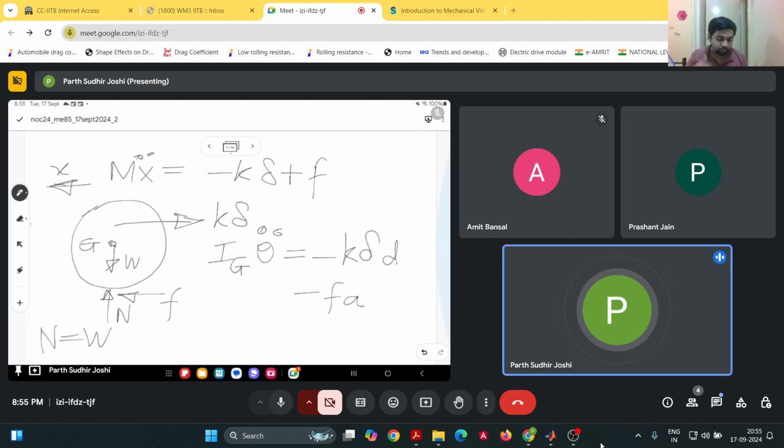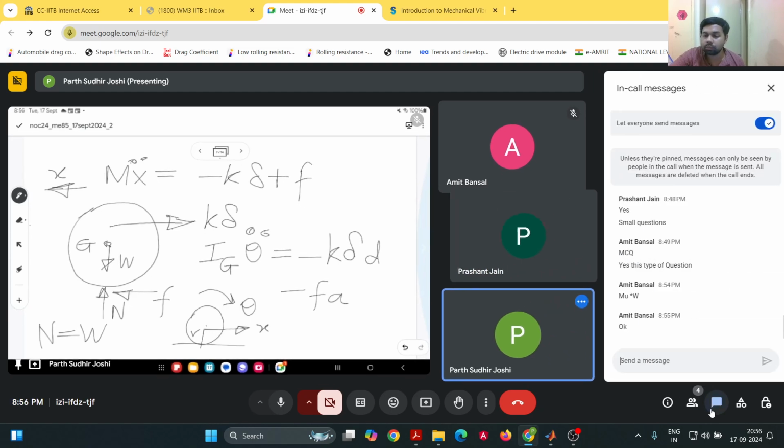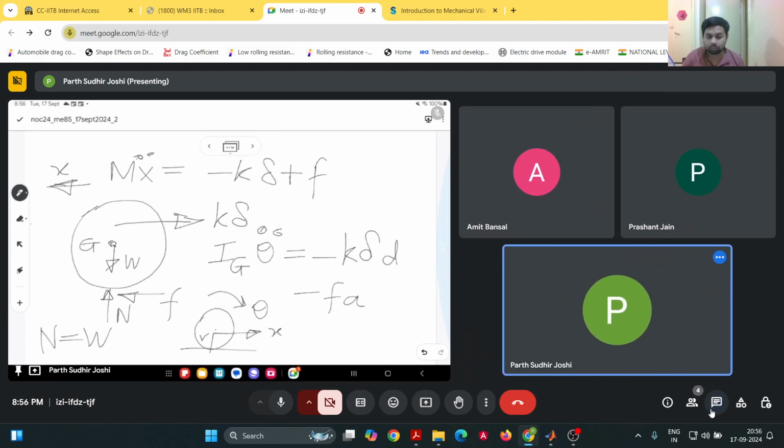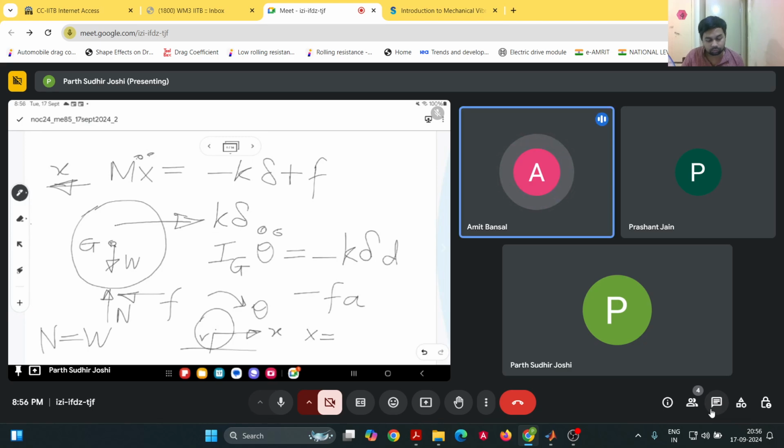So if a cylinder is rolling without slipping, let us say this is the direction of theta and this is the direction of x in which it is traveling, and the radius is r. What is the condition for rolling without slipping? R theta more than x?